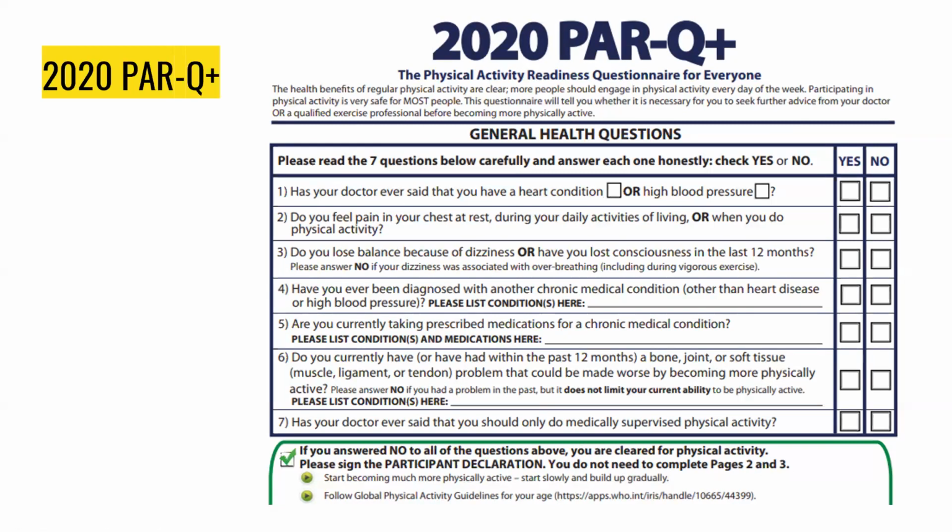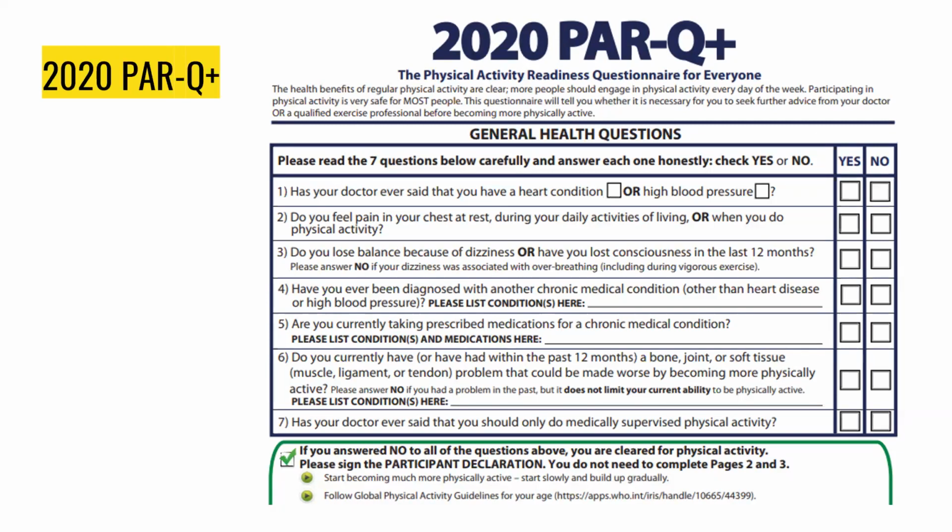You can start exercising right away with the exercise physiologist, the personal trainer, whoever you're going to start that exercise program with. And you do not need to complete the other pages, pages 2 and 3.